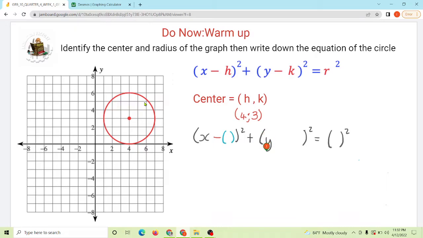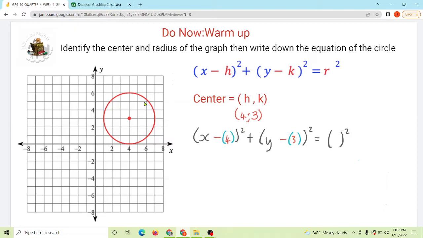So y minus. Right, so let's go and substitute now. So the h, that's 4, so I'm just going to put it in there. And the k is 3, so I'm just going to put it in there. So we have 3 right there.